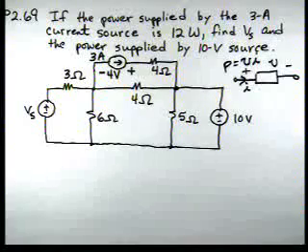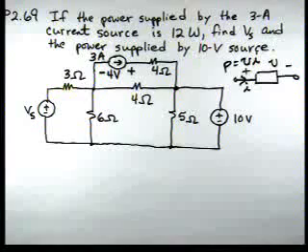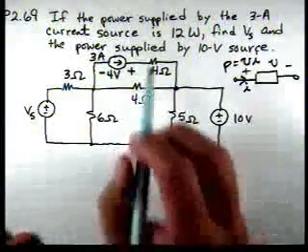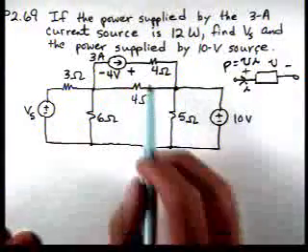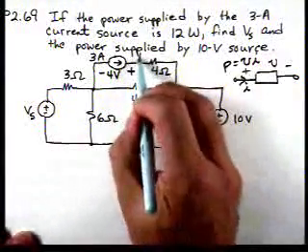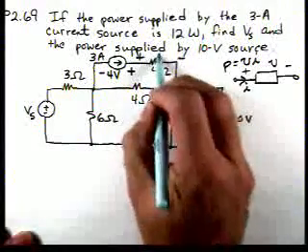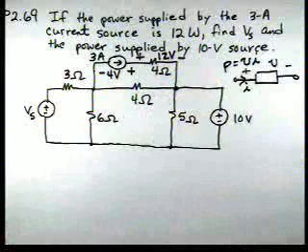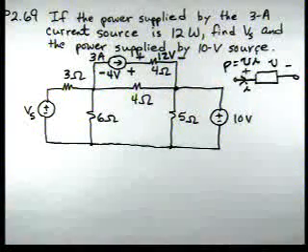It has to be that polarity because the source is supplying 12 watts. 4 times 3 is 12. Now we can calculate the voltage across the 4 ohm resistor, and by Ohm's law, that's 12 volts with that polarity. From Ohm's law, 3 times 4 is 12.